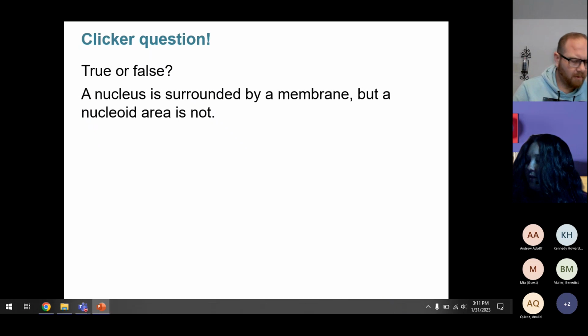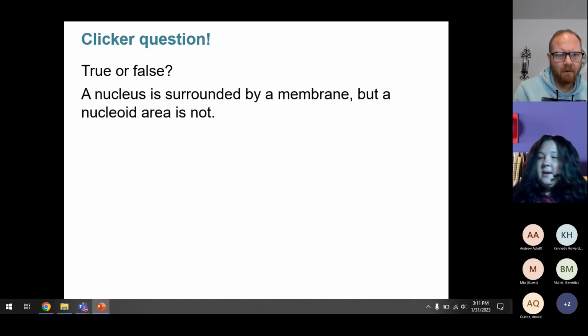Here is a true or false question. A nucleus is surrounded by a membrane, but a nucleoid area is not.